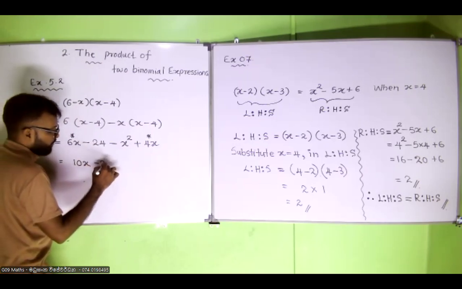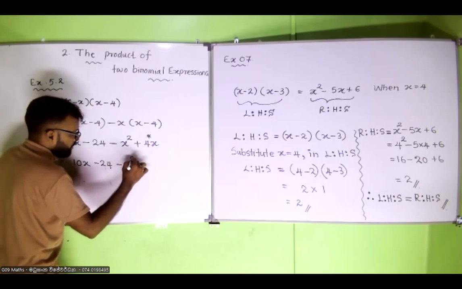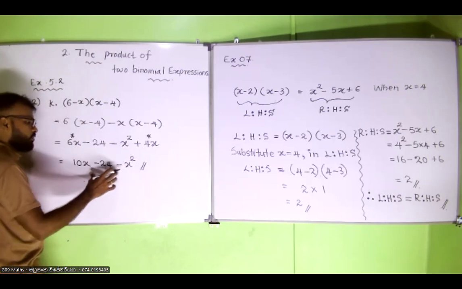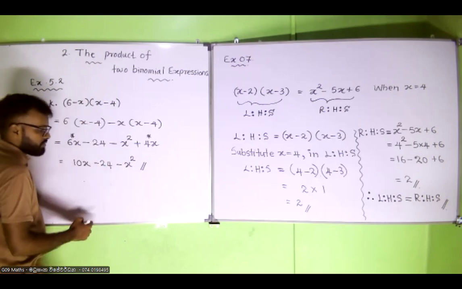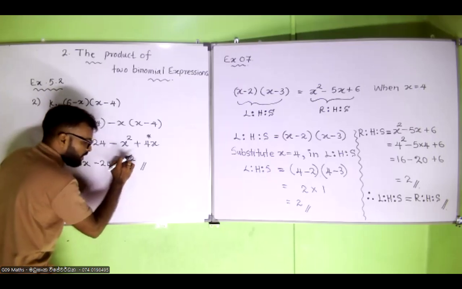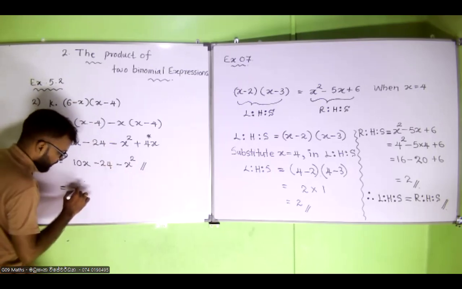Minus 24 minus x squared. This answer is also correct. But if you want, you can arrange the terms. You can take this whole term, minus x squared, into the front.